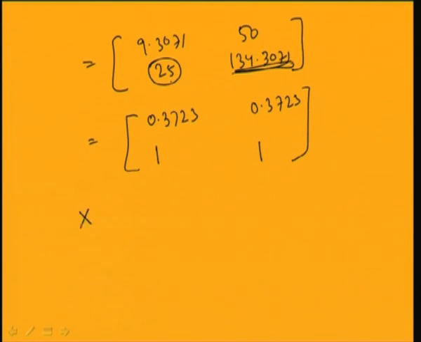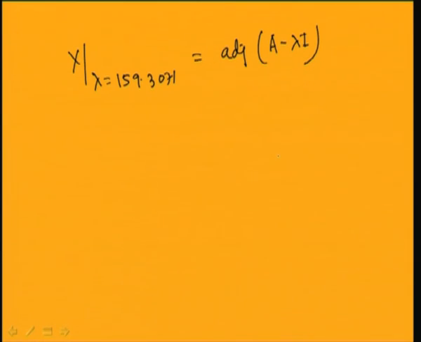So, the normal mode x1 now becomes 0.3723 and 1. Similarly, you can find x2. So, x2 can be obtained at lambda equal to lambda 2, that is lambda equal to 159.3071, from the adjoint of A minus lambda I, and already you got the adjoint of A minus lambda I, that is equal to 25 minus lambda, minus 50, minus 25, and 150 minus lambda.